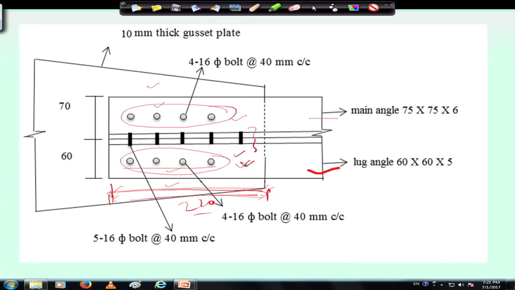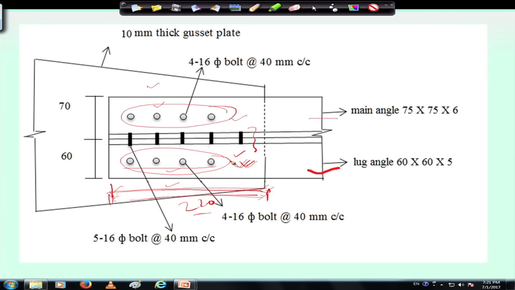So, there is material cost due to the introduction of the lug angle. Therefore, it is not always economic, but sometimes because of architectural or other requirements we cannot go beyond a certain length in a particular case. In such a case we may have to go for the introduction of a lug angle.